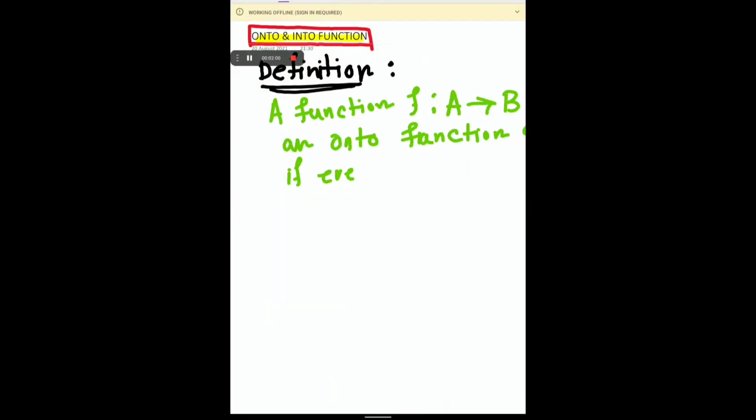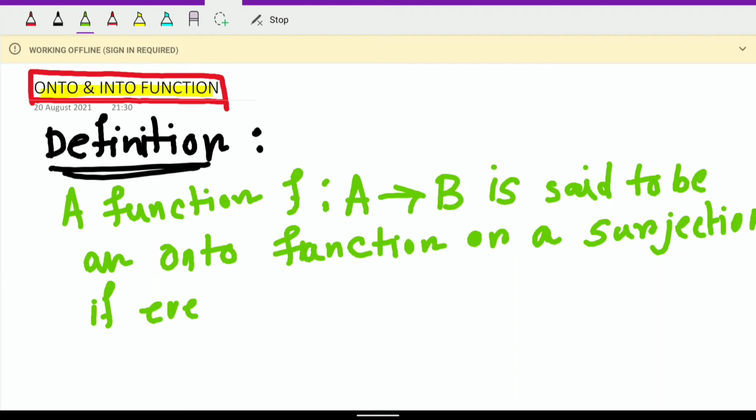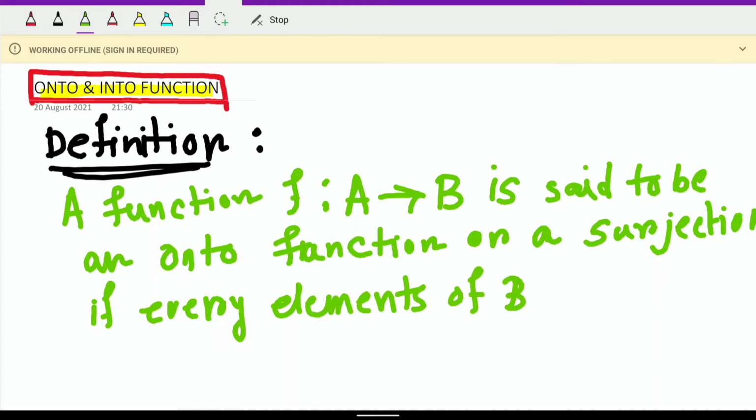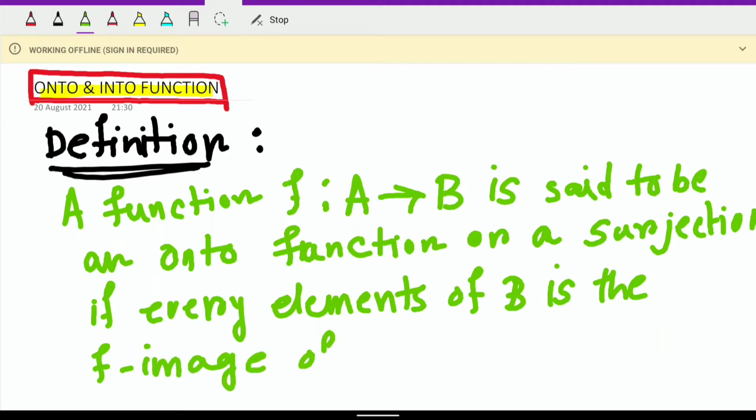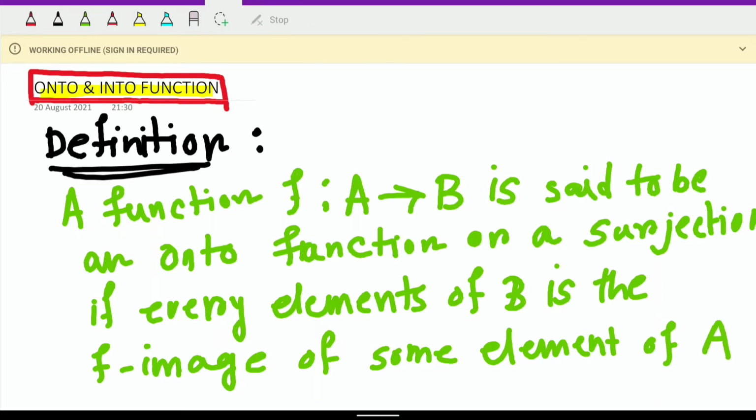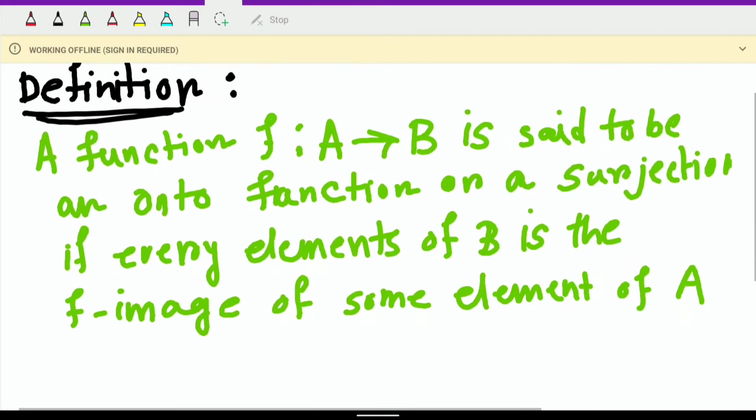That is, if every element of B is the f image, or you can say the image, of some element of A. Now what is image?